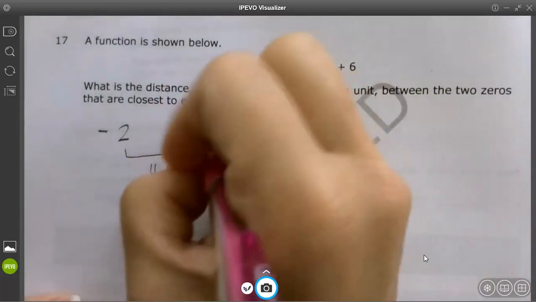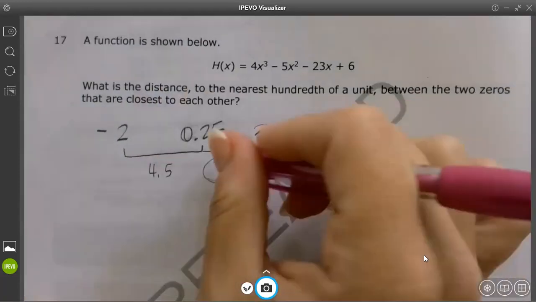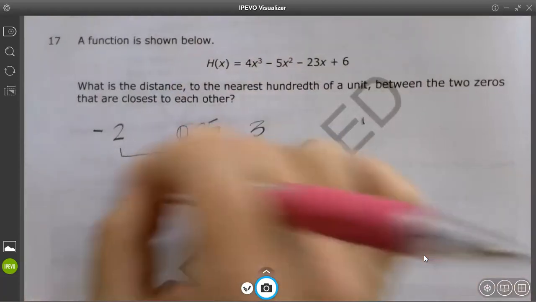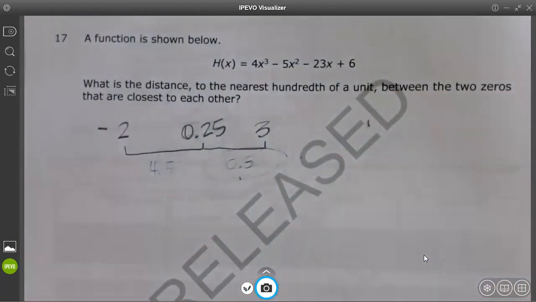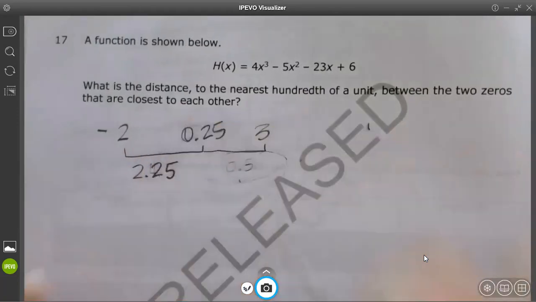Still working the same way. All right, so 0.25. So -2 to 0.25 is going to be 2.25. Is everybody okay with that? -2 to 0 is 2 units and then 0.25 more.